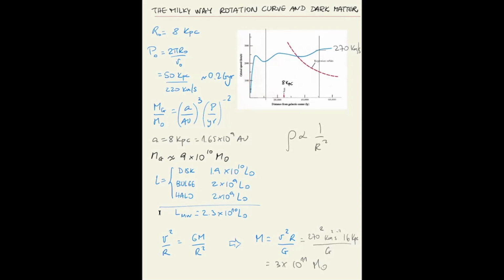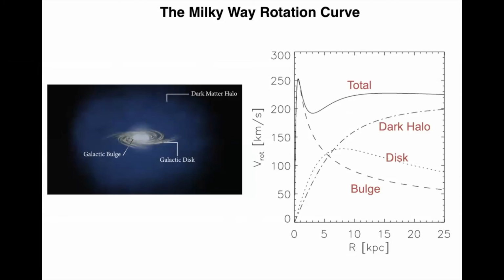So the leading explanation is that there must be dark matter in the outer regions of our galaxy. Dark matter is the term used to refer to matter that is too dim to be detected using current technology. So the galaxy would have a dark matter halo, and the velocity curve that is measured is the combined gravity of the bulge, which is indeed concentrated in the center, contributing this component here, the long dashed line.